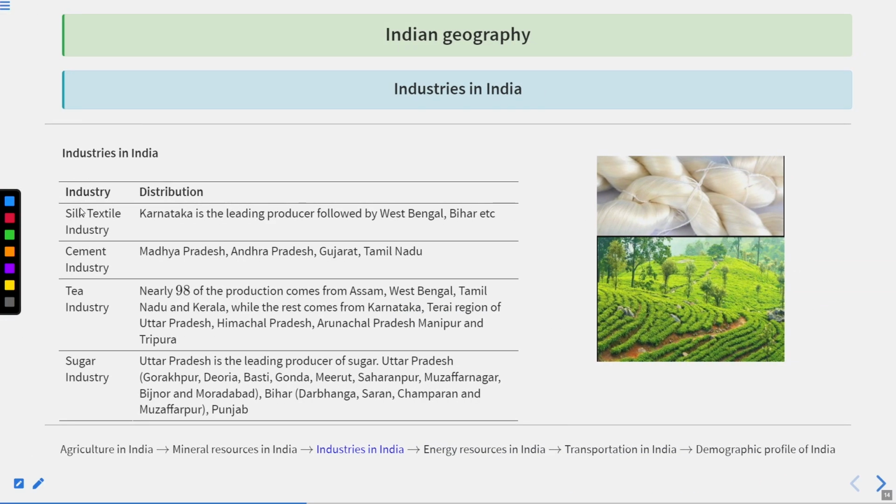After this, silk textile industries in India. Basically in silk, Karnataka is the leading producer, and after this comes West Bengal, Bihar and some other Indian states. So top 3 producers of silk are Karnataka, West Bengal and Bihar.